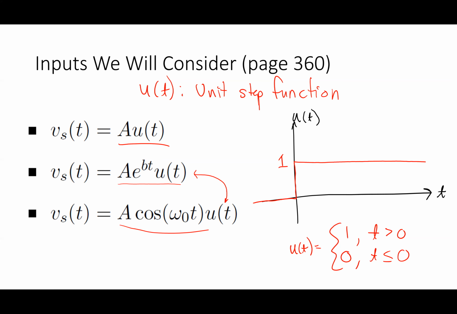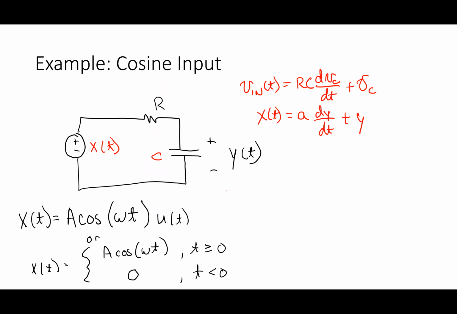So the other day we looked at this guy. I figured out an equation for this. I called this voltage source Vn, and I solved for the voltage on this capacitor, which I put into this form. I called the input to it X, and I called the output Y. And the output is the voltage on the capacitor.